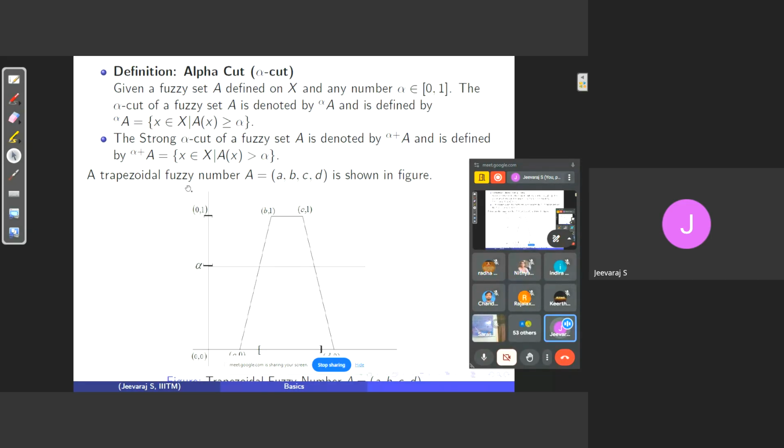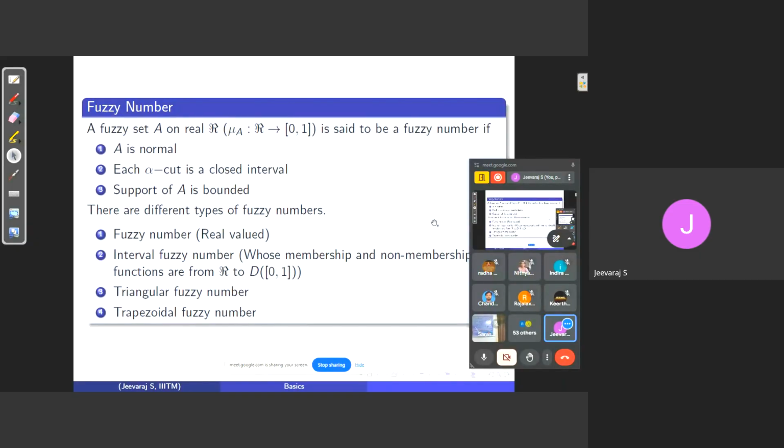AlphaCut refers to a precise quantity. Fuzzy is basically an imprecise quantity, but AlphaCut is a precise quantity. In another way, I can say that AlphaCut is nothing but a crisp set. Now we are studying AlphaCut to study the fuzzy set. So it is a kind of bridge between crisp and fuzzy sets.